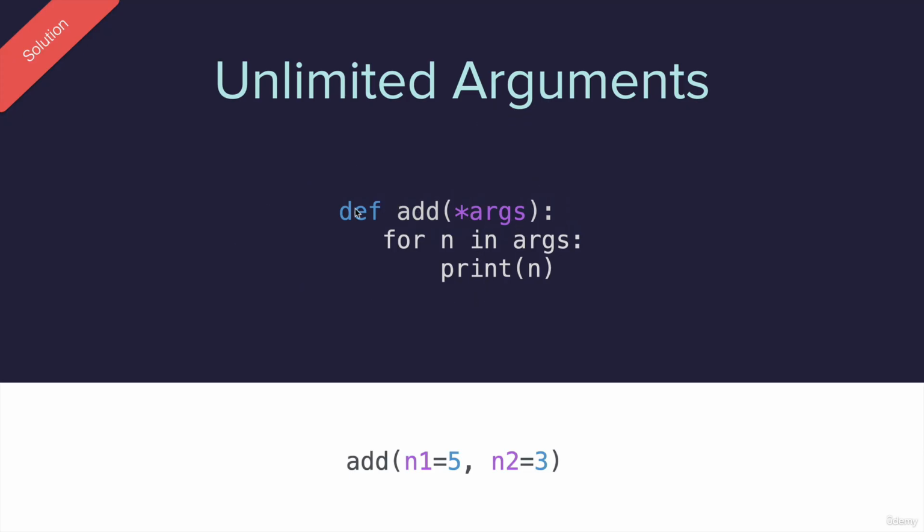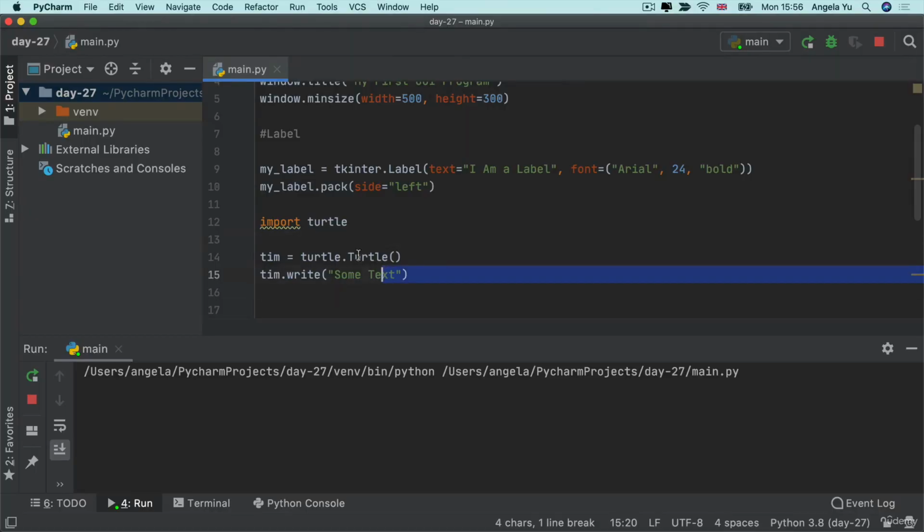And once inside the function, you can loop through all of the arguments, which is going to be in the form of a tuple, and you can do whatever you want with each of those arguments. Instead of passing in only 2 arguments, because that was fixed when we created the function, we can now pass in any number of values, like 4 values or 7 values, and we can do whatever we want with them. Let's try this code out.